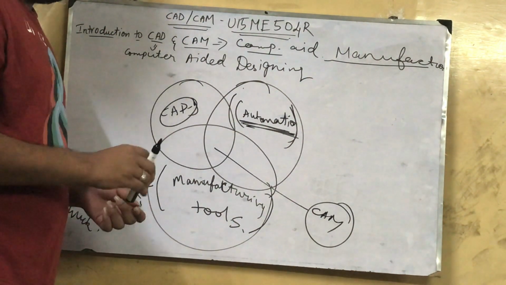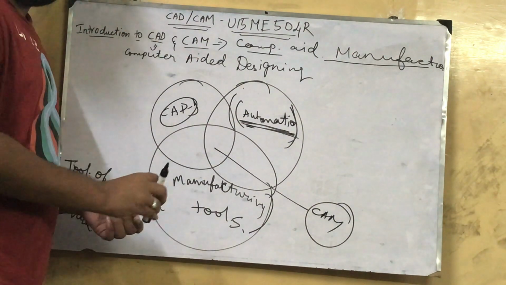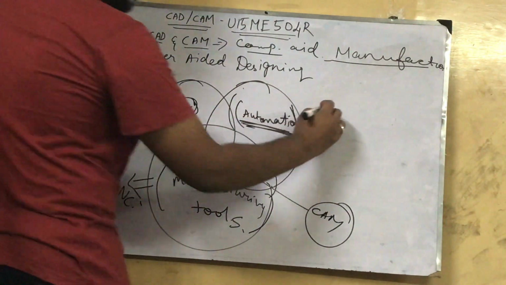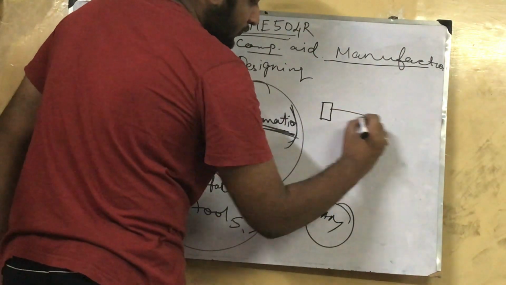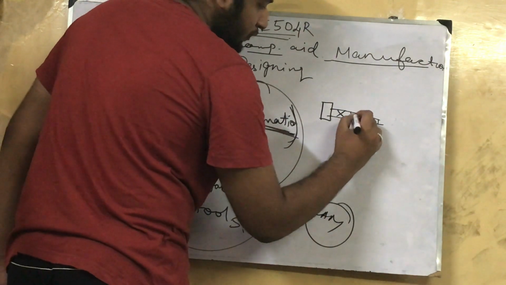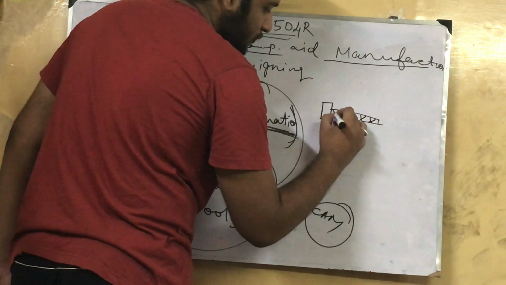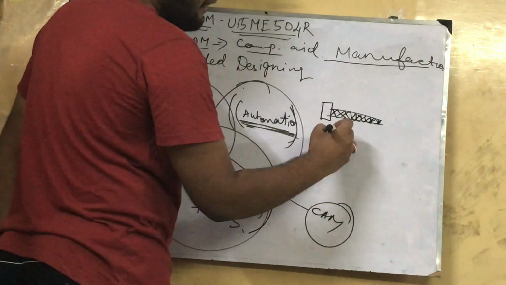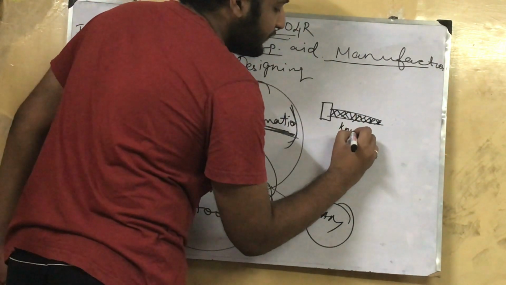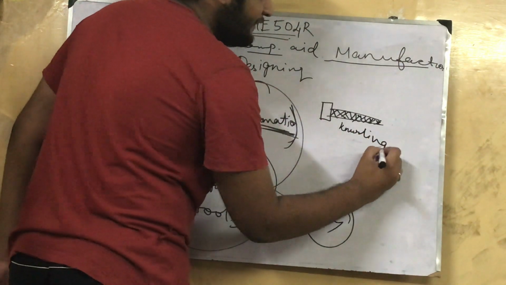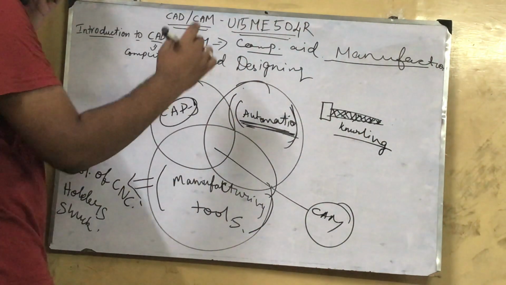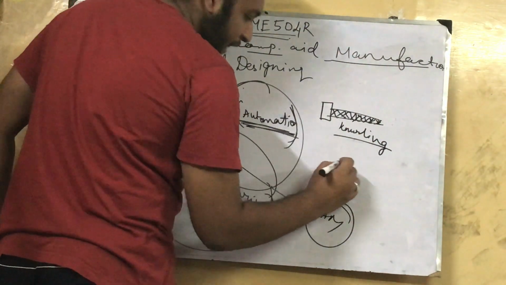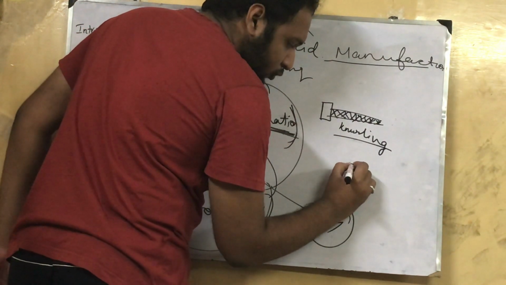But the actual tool required, for example, if I have to knurl this thing, which is the process of knurling, in order to start with knurling I need a knurling tool.